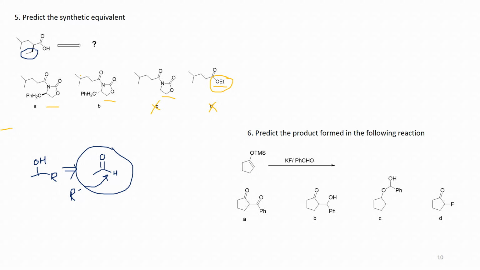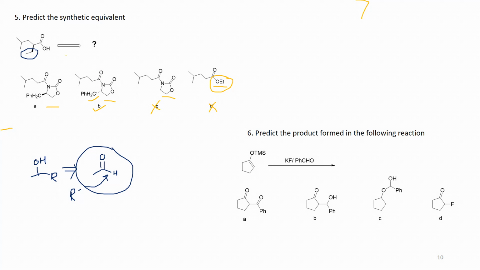From the previous example you have an idea that if your chiral auxiliary has a group below the plane, then the approaching electrophile will come from above the plane. So the correct option will be option B.